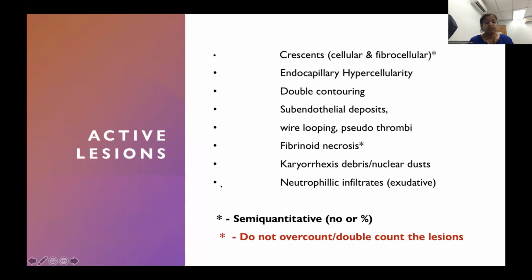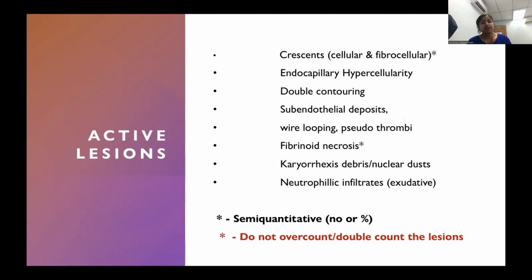Okay. Another thing that I want to highlight, I noticed many of the referrals and many people who are attaching here are still getting confused with this overcounting thing. That means if you have one glomerulus with 2 lesions, please do not overcount the glomerulus. Let's say you have a glom with a segmental endocapillary hypercellularity, and the same glomerulus also has a sclerosing lesion, like for example, small segmental glomerulosclerosis.